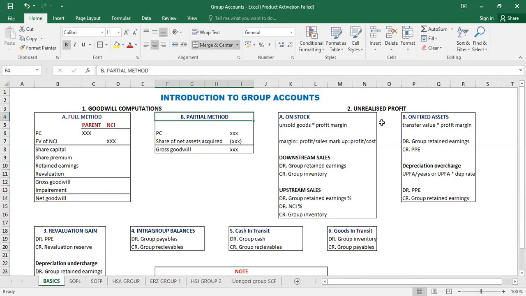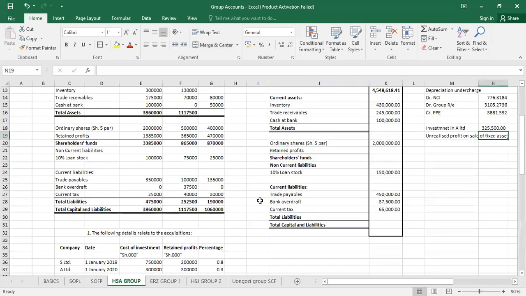It's under basics here. Unrealized profit on sale of fixed asset is the transfer value times profit margin. The transfer value was 75,000 because we are working in thousands. You multiply by the gross margin.